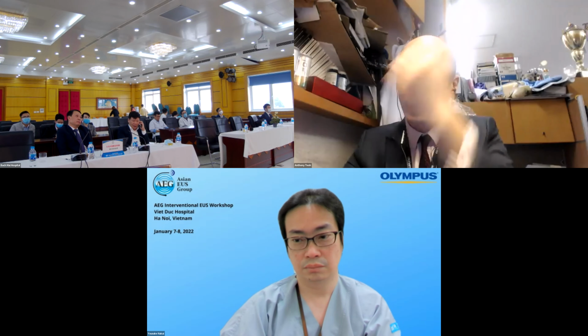But of course, there's a risk of perforation if you go in immediately after the drainage. So when is it safe? Usually maybe 5 to 7 days, I think it's probably okay to dilate. But having said that, sometimes it's still fresh. So if you can wait longer, it's better, but maybe around a week should be okay.